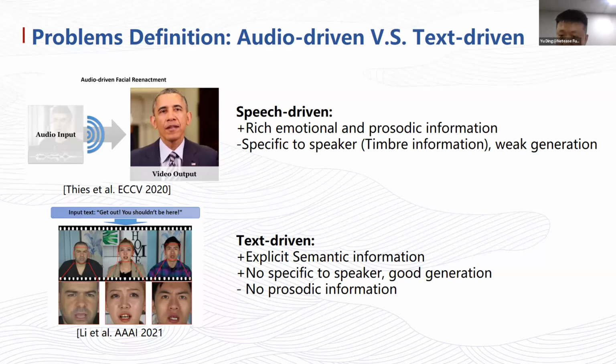On the contrary, text is not specific to any speaker, so a text-driven framework can be generalized to arbitrary speakers. So according to what we have talked about, speech-driven and text-driven methods have their respective advantages. I think the use of both will bring more benefits, but it is still a challenge to use both of them.